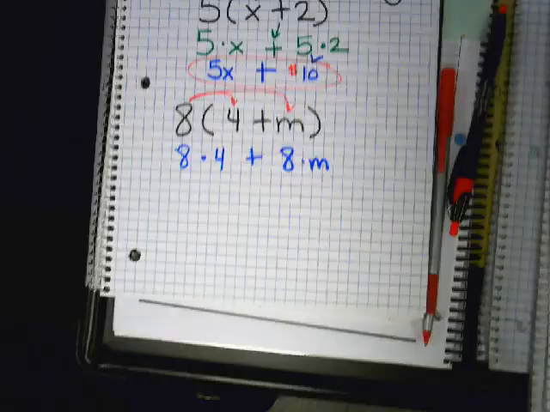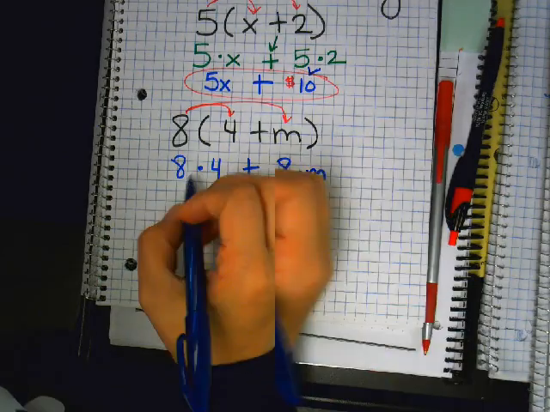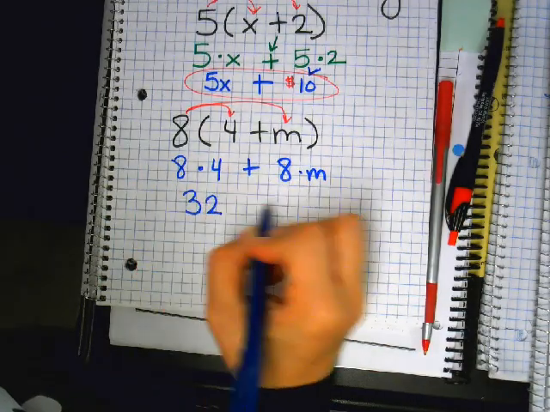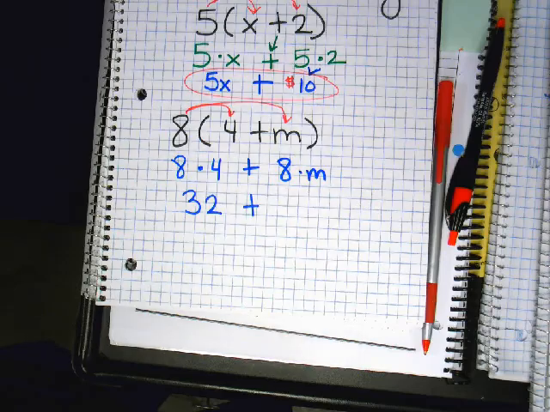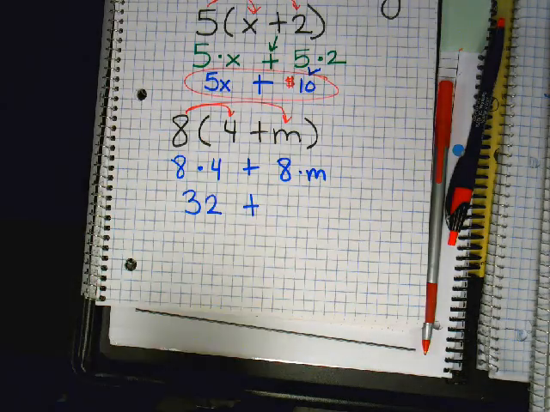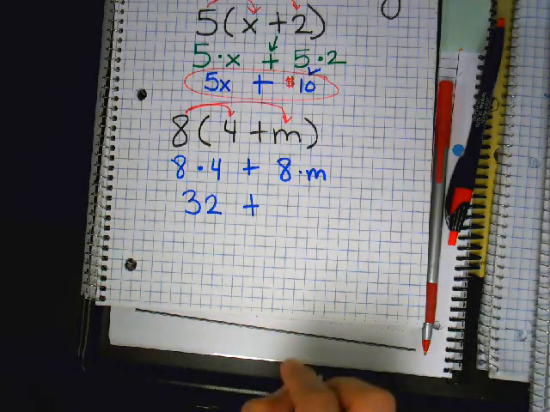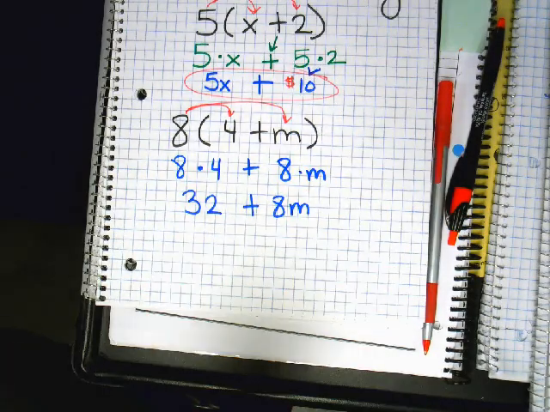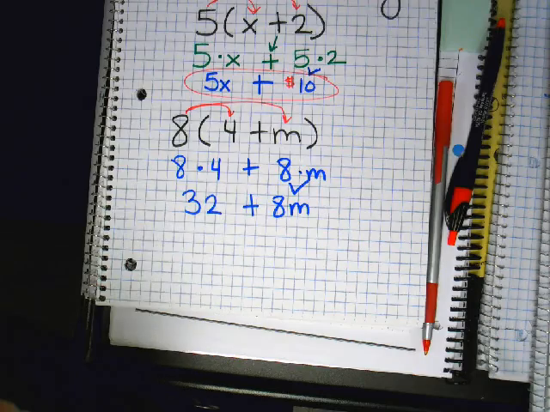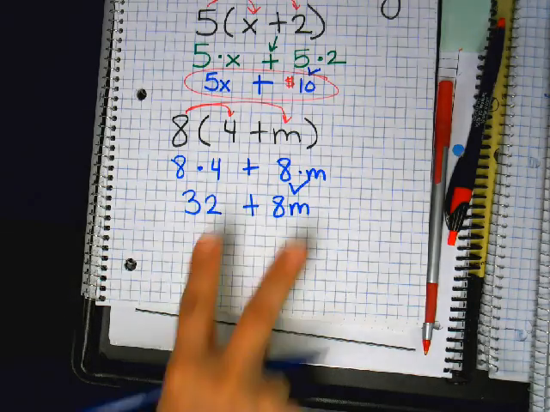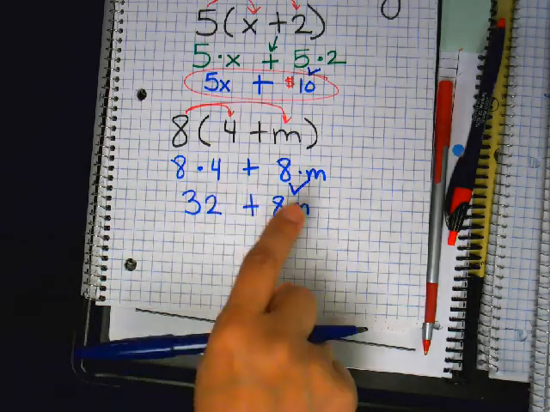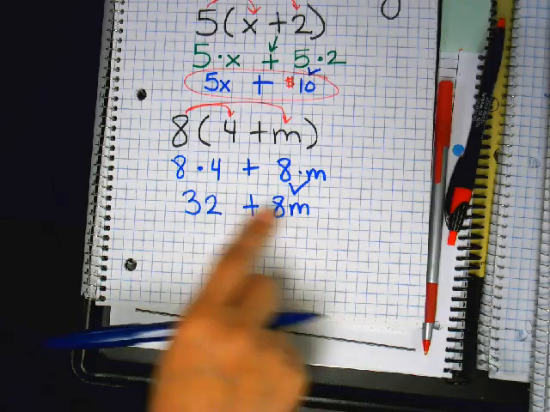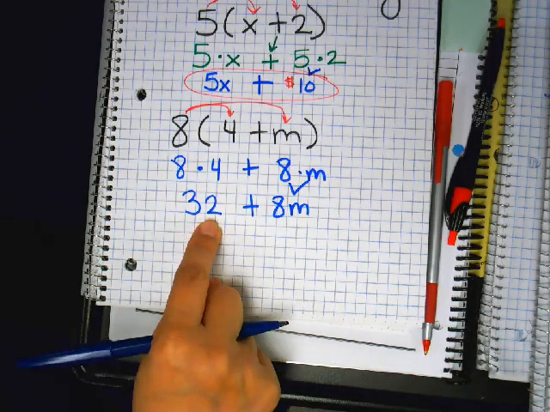What's 8 times 4? 32. Plus, hard question, what's 8 times m? 8m. You squish it together. That's the answer. Can I put these two together? No, because this one has a variable m and this one does not. So they stay separate.